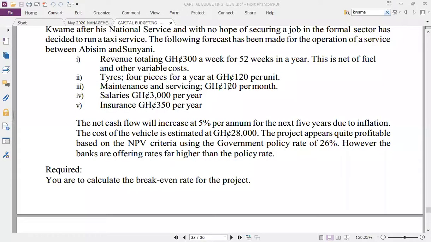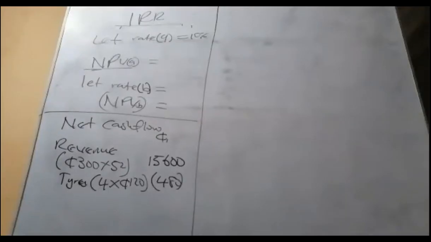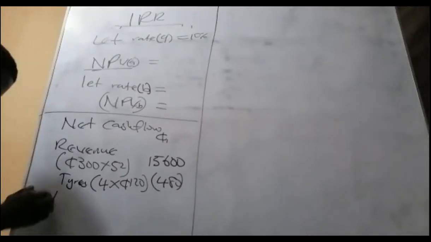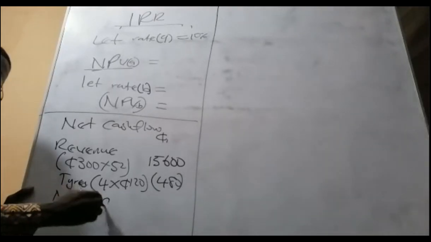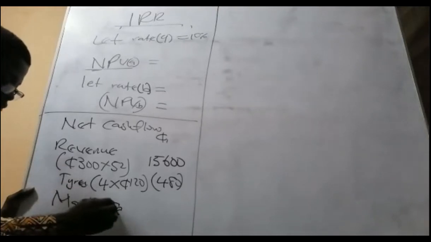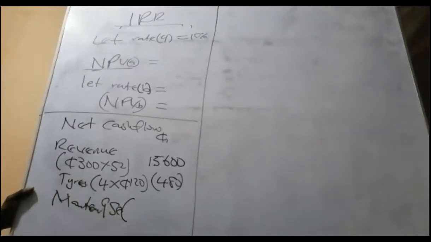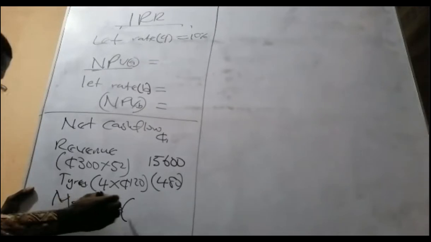Maintenance and servicing, 120 per month. So maintenance and servicing, 120 per month. So how many months do you have in a year?